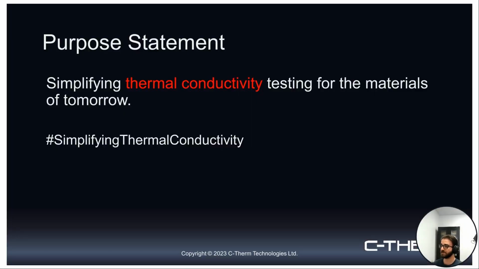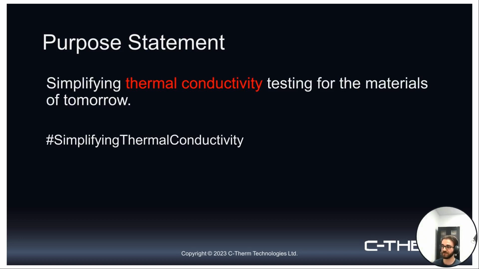So a little bit of background on C-Therm for those of you who may be new to our webinars or haven't previously been on one of these with us. Our goal is really to simplify thermal conductivity testing for the materials of tomorrow.